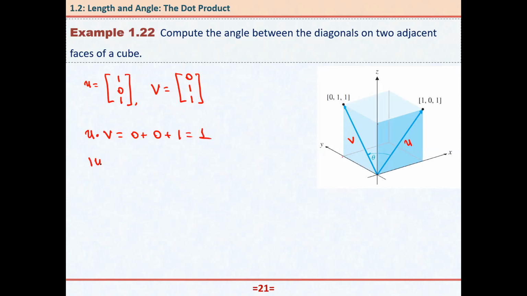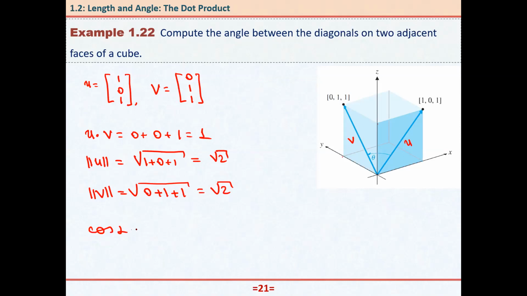And how about the norm of vector U? That is the square root of 1 plus 0 plus 1. 1 squared is 1, 0 squared, 1 squared, that's equal to the square root of 2. And how about the norm of V? That's 0 squared equals 0, 1 squared is 1, 1 squared is 1, so that's equal to the square root of 2, right? Then what is the cosine of this angle theta here?